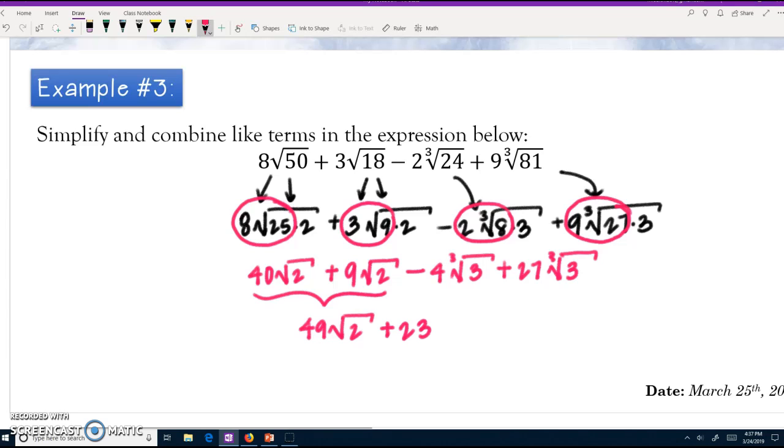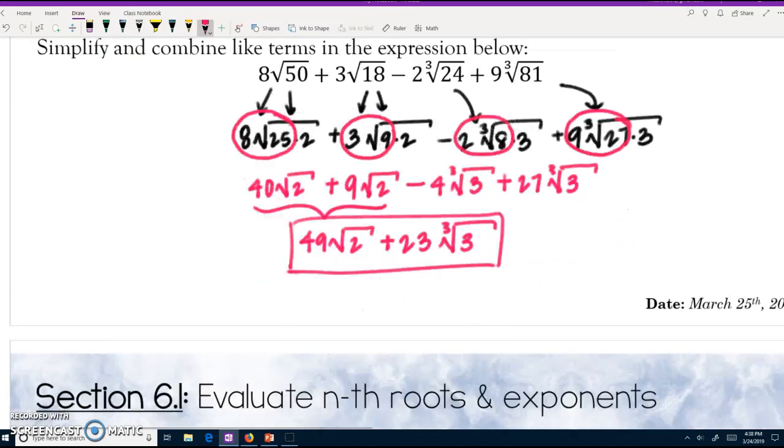So that's going to be plus 23 times the cubic root of 3. And that's my final answer there. Now, one thing I like to do to make sure that I've simplified correctly is if I have time, I'll plug the original expression into my calculator and I'll plug my simplified expression in and just make sure the decimal values match and are equivalent.